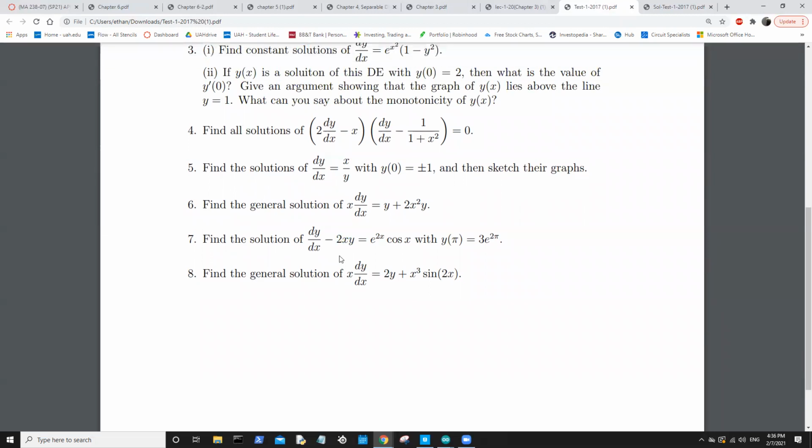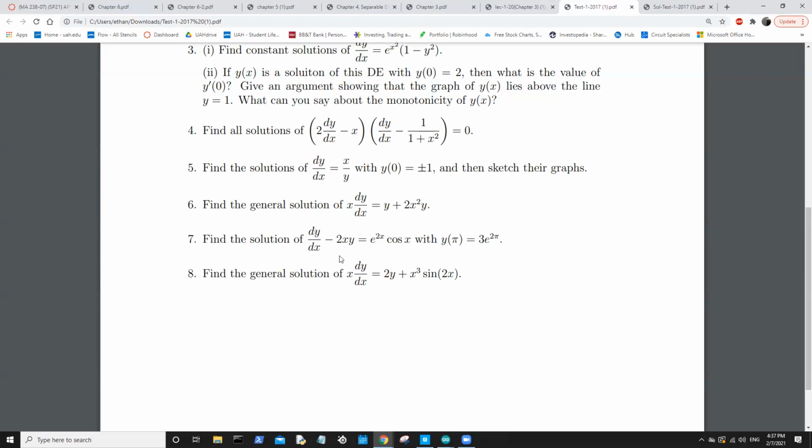So u of x is equal to e raised to the integral of negative 2x. And when it comes to integrating factor, you leave out any arbitrary constants because it doesn't matter. So u of x is equal to e to the negative x squared, right? Yes. So we start with that.